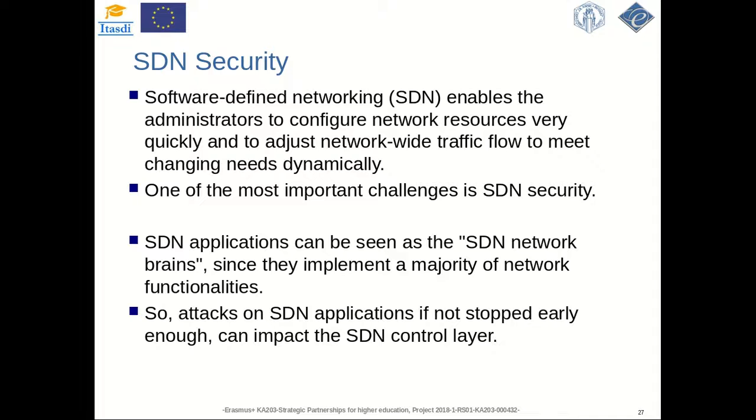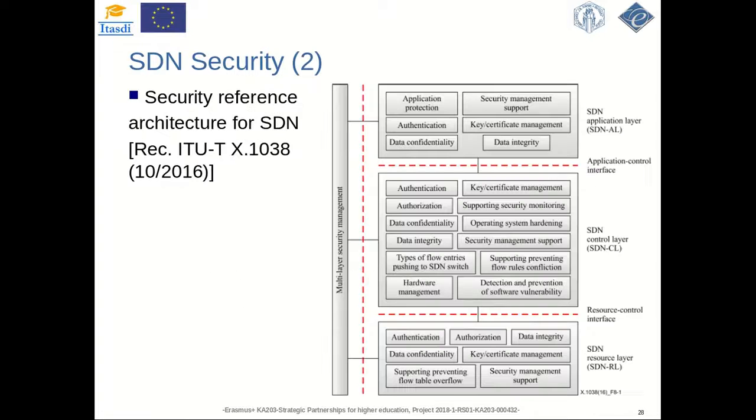SDN applications, as we say, can be seen as the SDN network brains, since they implement a majority of the network functions, and they should have a high level of security, because attacks can happen on the application layer, control layer, or on the data layer.